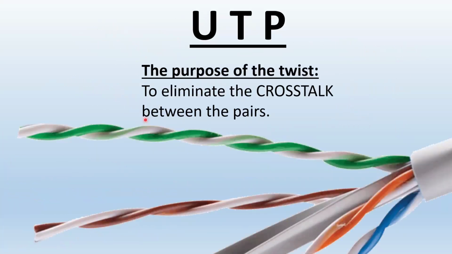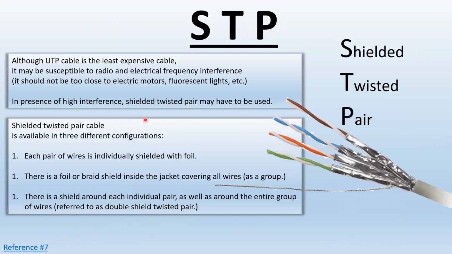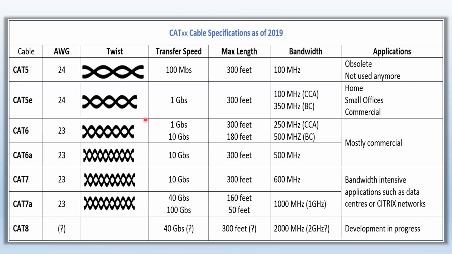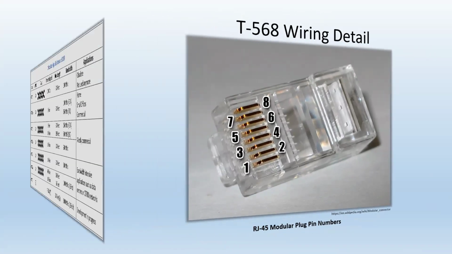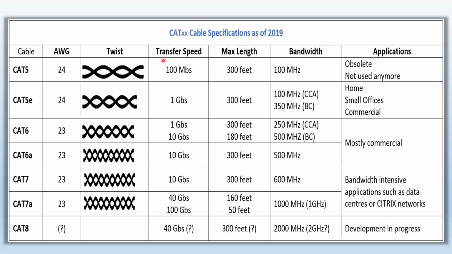All right, now we talked about shielded, twisted pair, and so on. And that was the last slide. So we talked about transfer speed, which is how fast the bits are being transferred in the cable. And this is the upper limit of the speed.